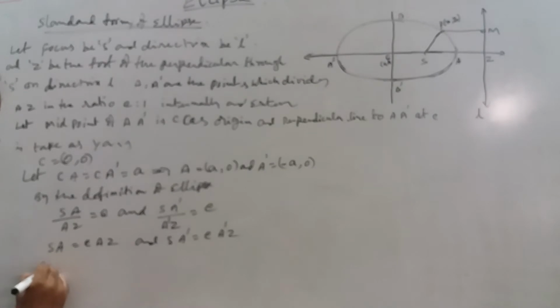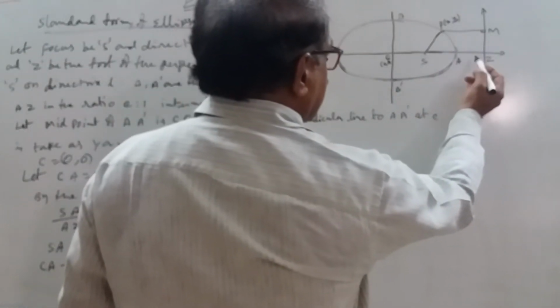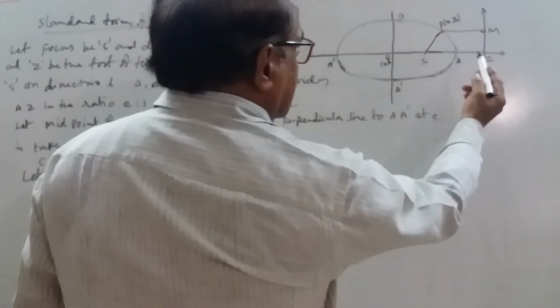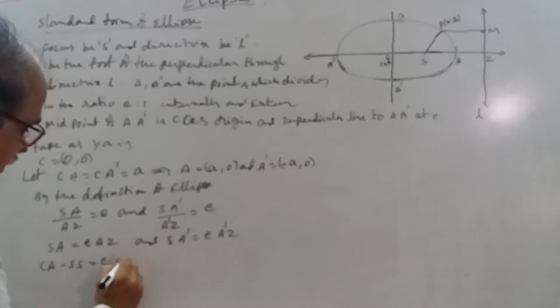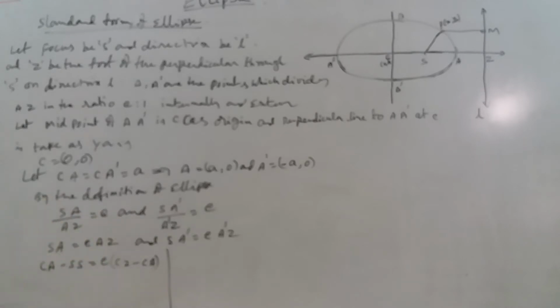This we can write as CA minus CS is equal to e into AZ. Where is AZ? This distance. AZ you can write as CZ minus CA.